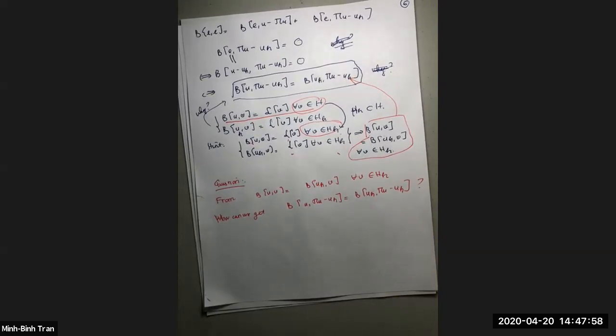Both sides equal to that thing, right? But why? pi u minus u_h is in H_h.